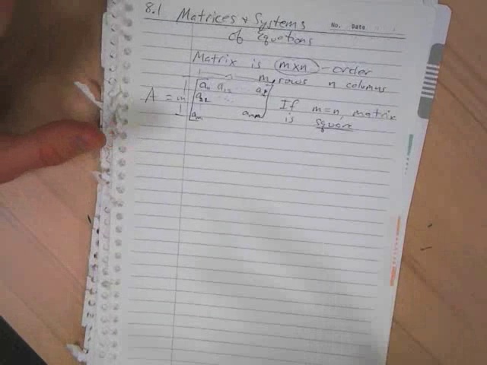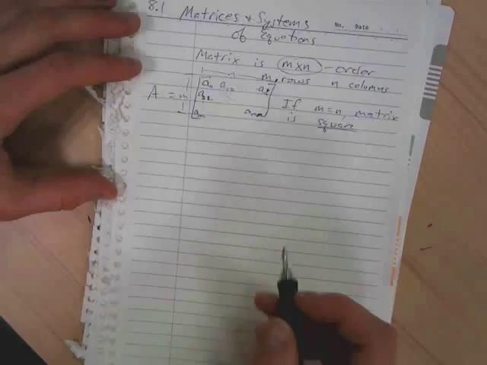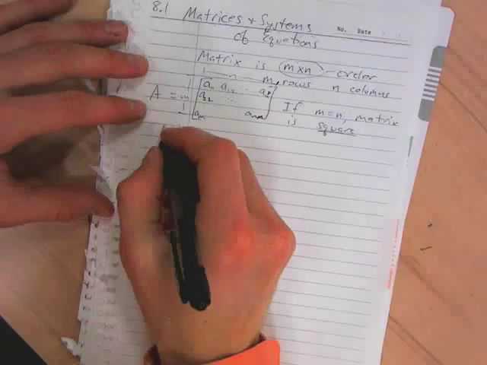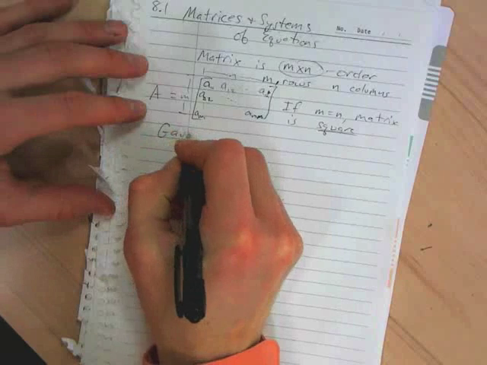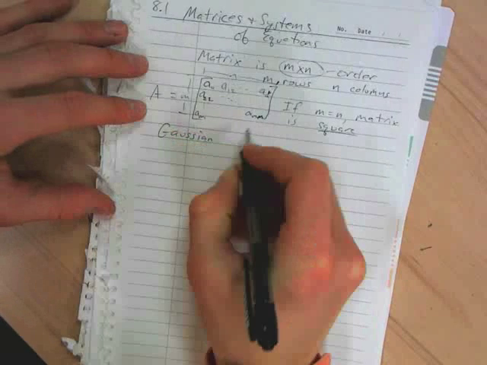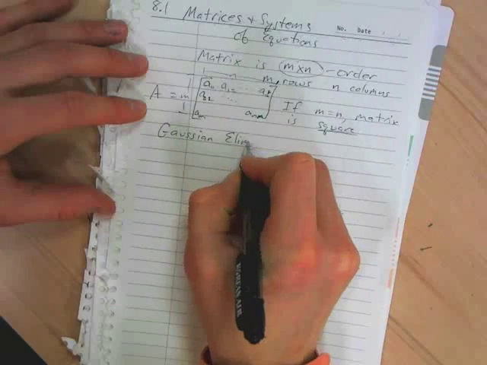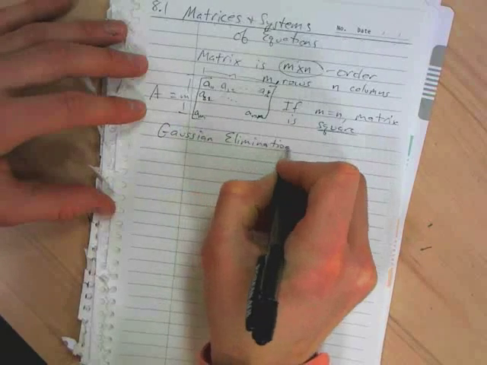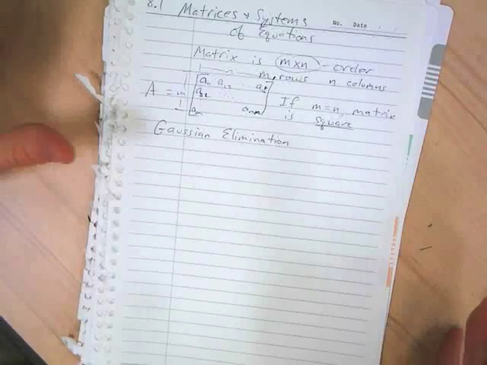Matrices are very related to systems of equations. When we were solving systems of equations, we used a process called Gaussian elimination. Although, to be 100% accurate, we didn't do the whole process.